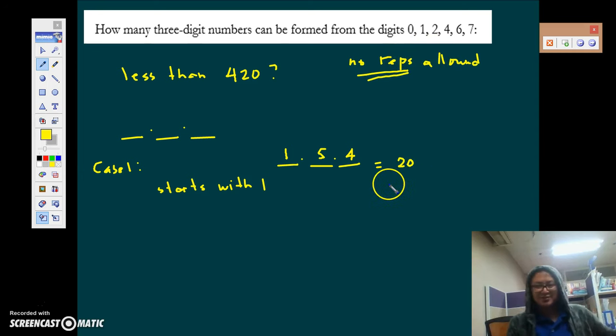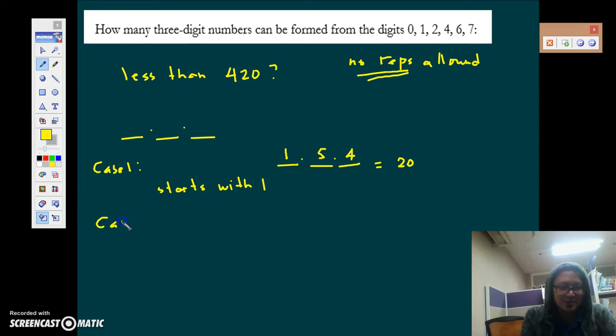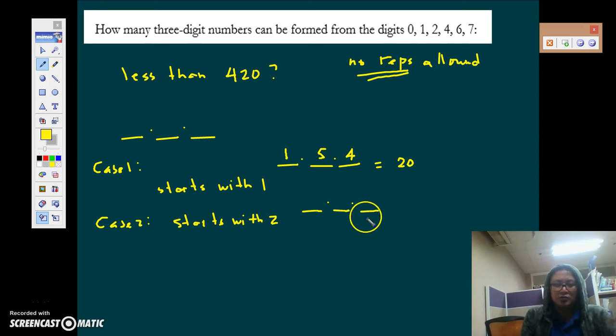Case 2. What if the 3-digit number starts with 2? If the hundreds digit is 2, that would be a number like 210. It will satisfy the main condition that it's less than 420.